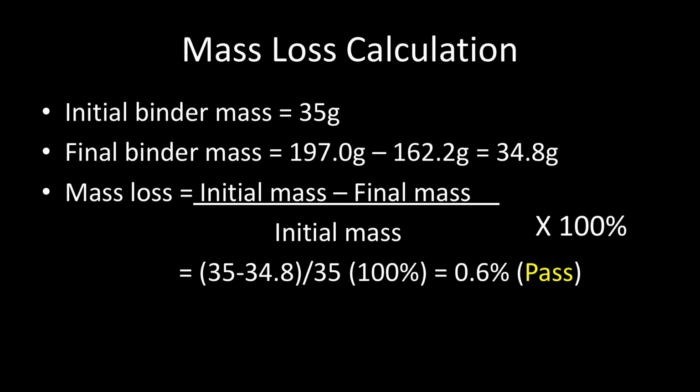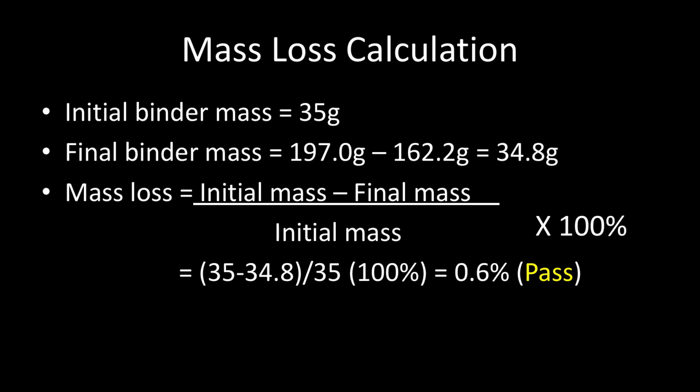Then, calculate the final mass of binder after RTFO aging as the measured mass of the bottle plus binder after aging, minus the mass of the empty bottle. For our example, this is 197 minus 162.2 grams, which equals 34.8 grams.